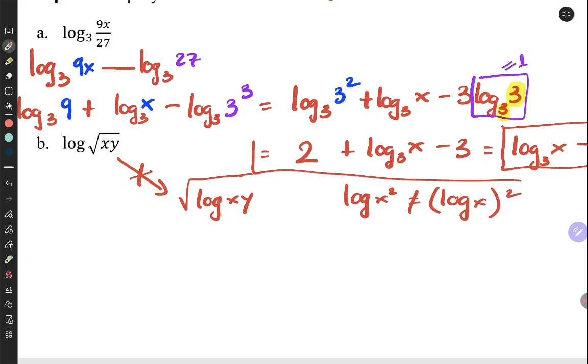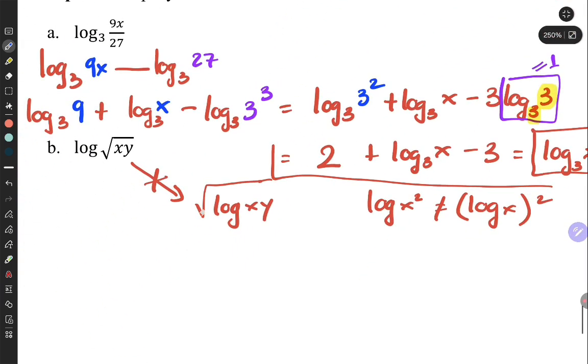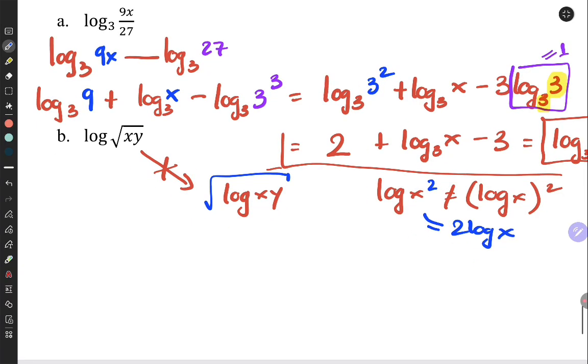In fact, with this one, the 2 goes to the front, right? 2 logarithm base x. That square root, that 2, in fact, equals 2 logarithm base there. So if you cannot do this, then what else can you do?